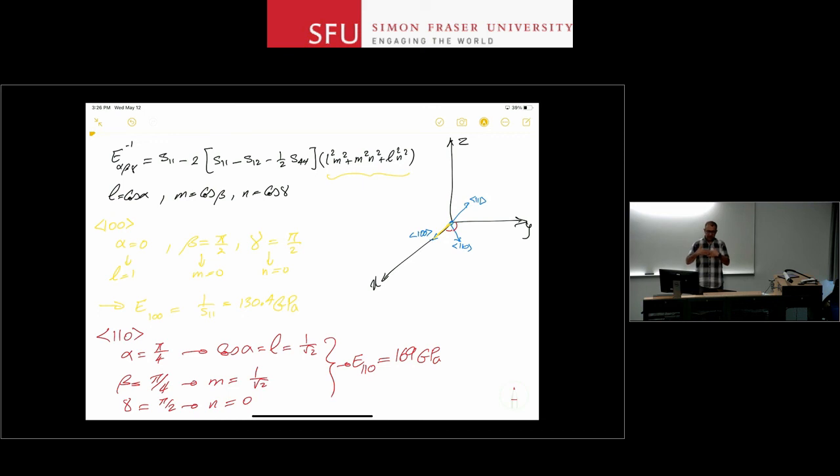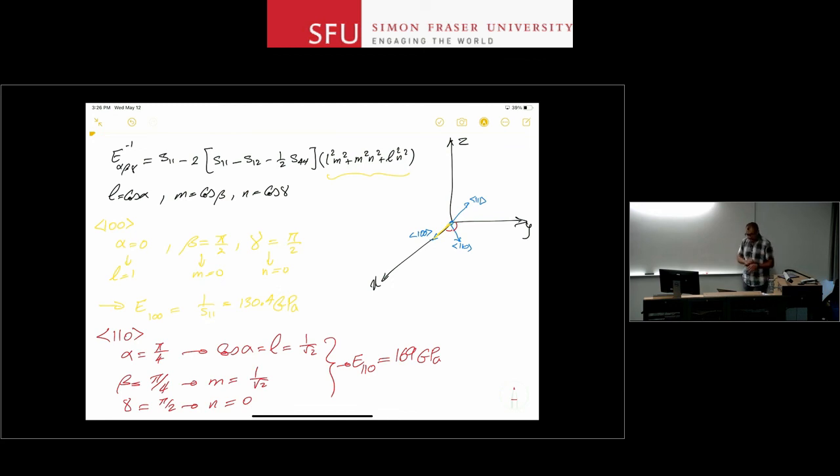So any line that was parallel to this edge or normal to it would be along the 110 direction. And as it turns out, it is usually the direction for most of our structures anyway. So as long as all your beams are, let's say, parallel to this 110 direction or normal to it, you get the same Young's modulus of about 169 gigapascals from it.